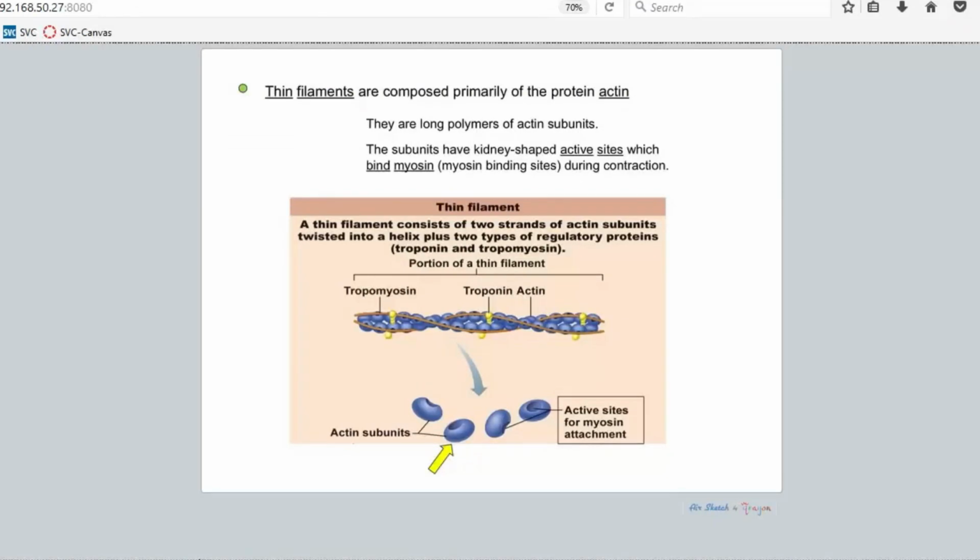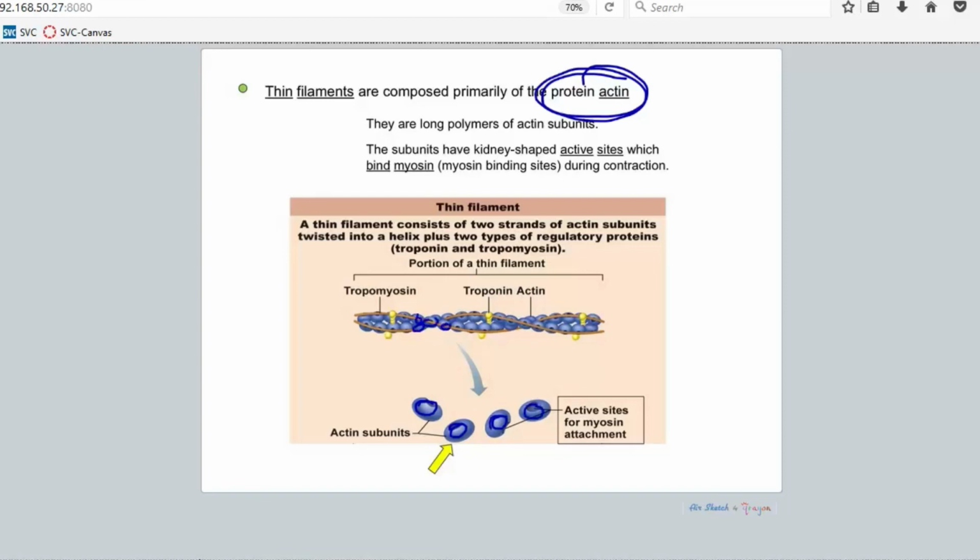So those are the thick filaments, and then these represent the thin filaments down here. The thin filaments have some stuff going on with them, so we're going to go through that. First of all, the thin filaments are composed primarily of the protein actin. All of these little blueberry-like things here, these are actin molecules.